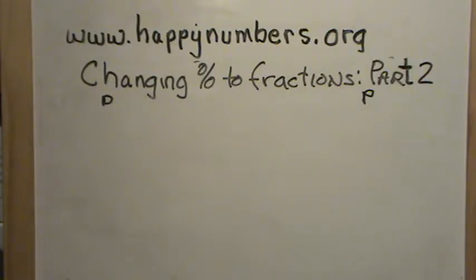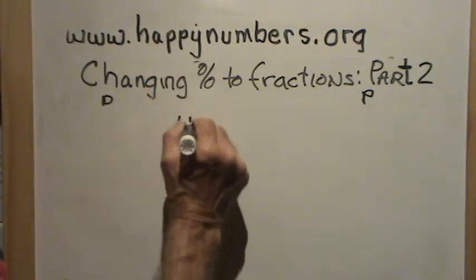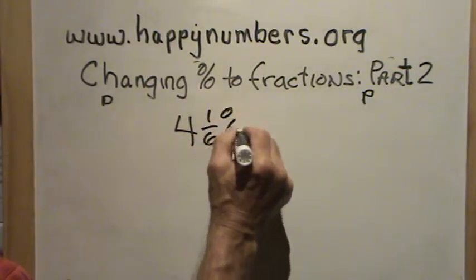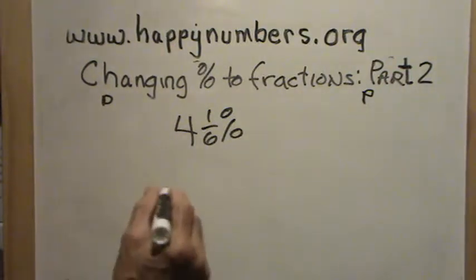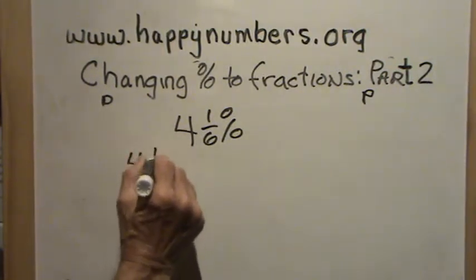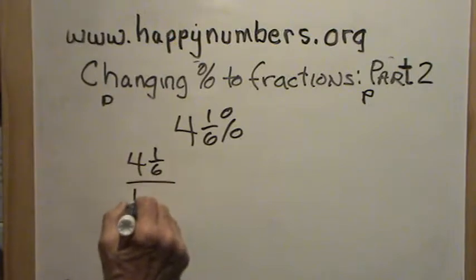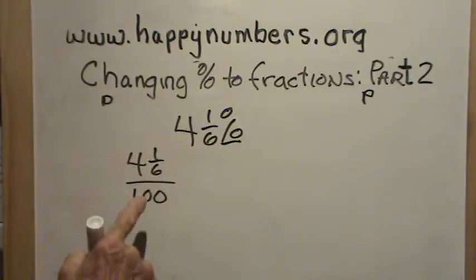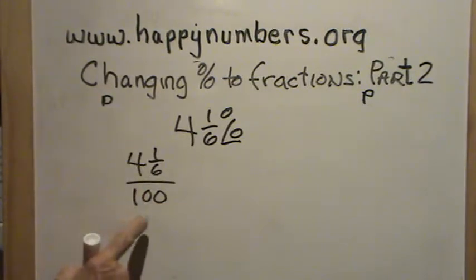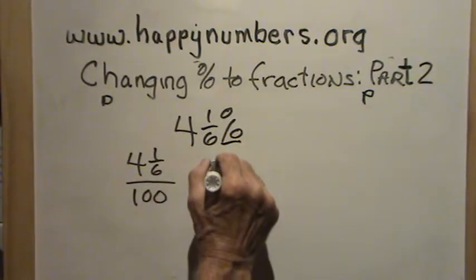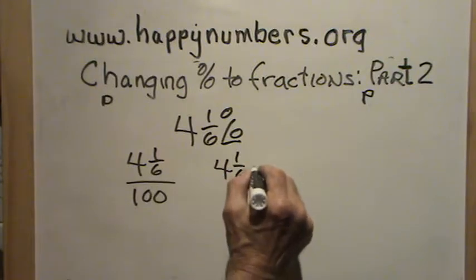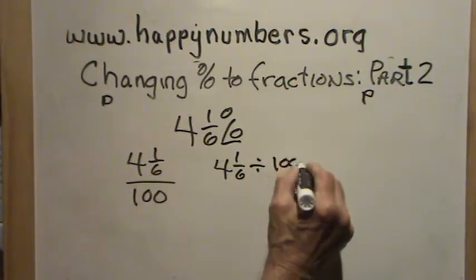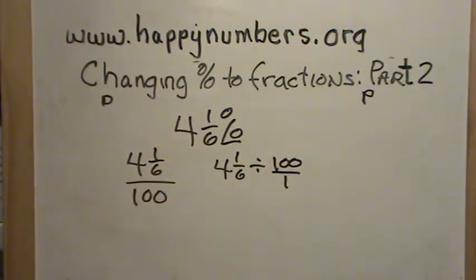Let's take this one, 4 1/6%. So the first step is I write 4 1/6 as my numerator, and this means denominator 100. So now I have 4 1/6 divided by 100, or 100 over 1, same thing.